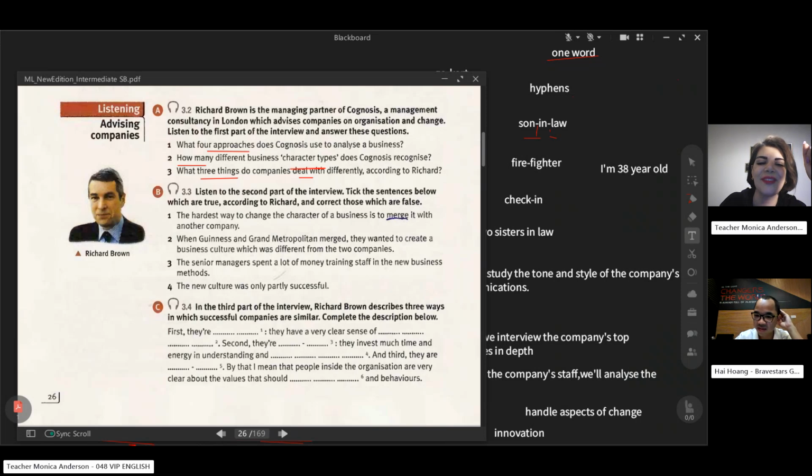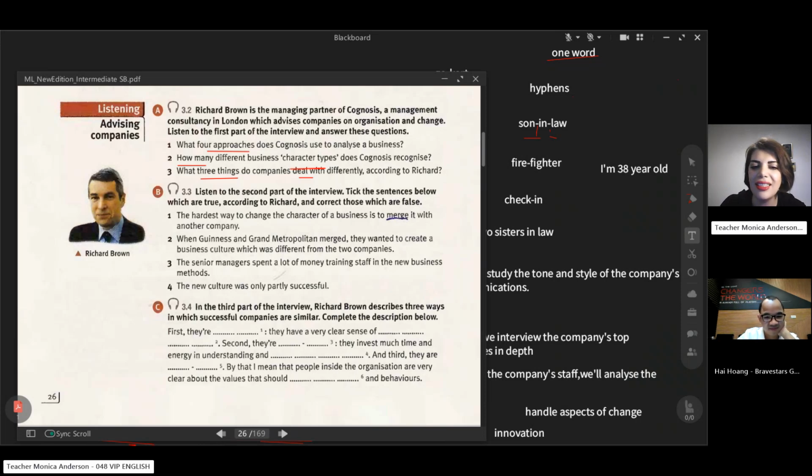I didn't hear about the business methods, so I think they only focus on training about the culture. Okay, now listen and try to hear this. Yes. Okay, they backed up with a huge investment in staff training. He says staff, but we say staff. Okay, but it's okay.